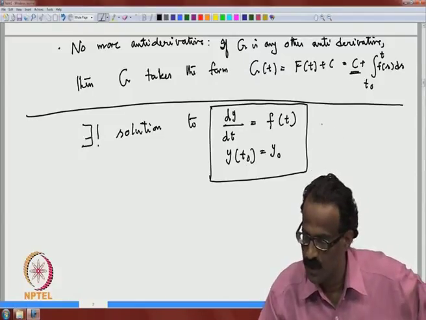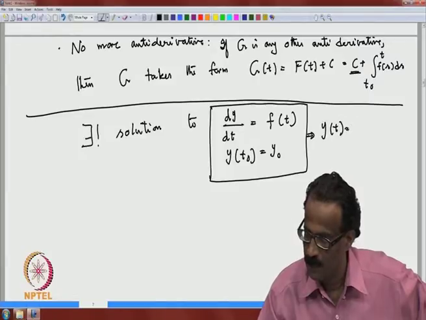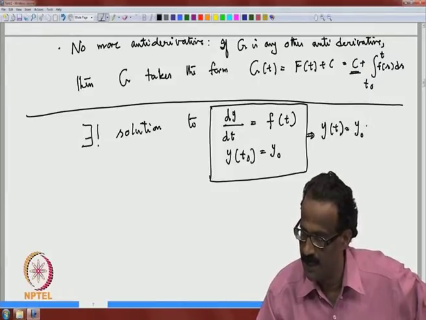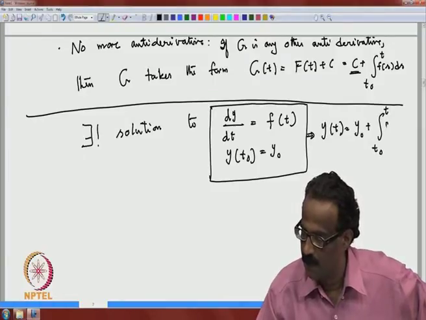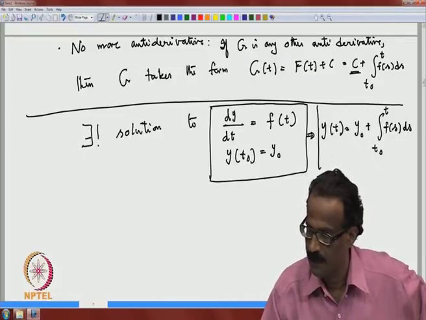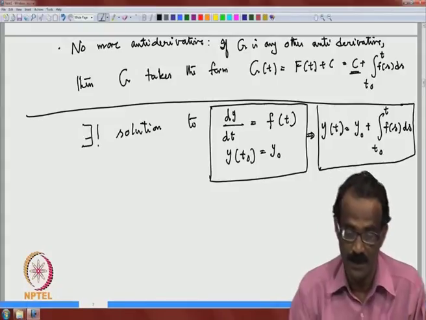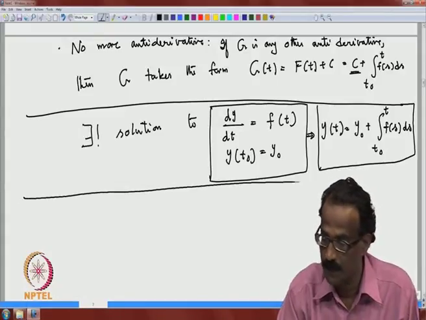So, what is the solution? Your y of t is given by y naught plus the integral from t naught to t of f of s ds. You see. So, that is the first thing.